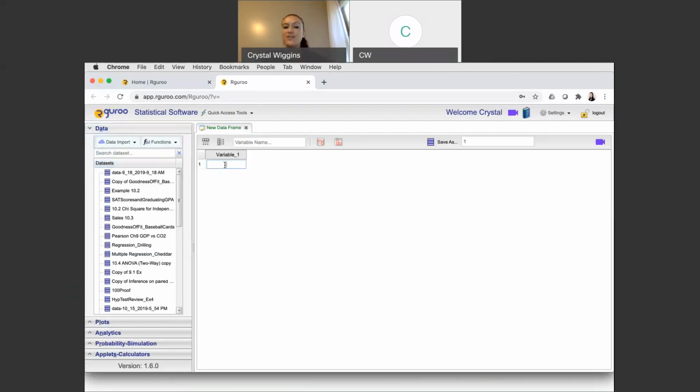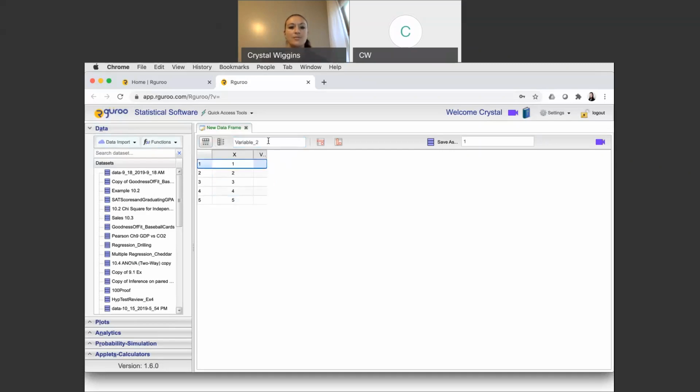For this first variable, this is going to be my x's, my random variable x. And I have 5 of these: we have an x of 1, 2, 3 being neutral, 4, 5 being very aggressive.